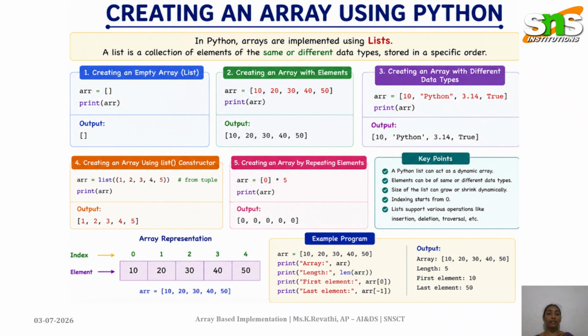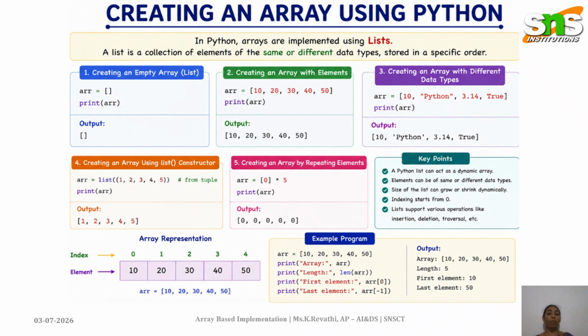To insert at a specific position, we use the built-in method arr.insert, that is the array name dot insert, giving the location where you need to insert and then the value. I have written array.insert of 1 comma 15, which means at index 1 the element 15 will be inserted.